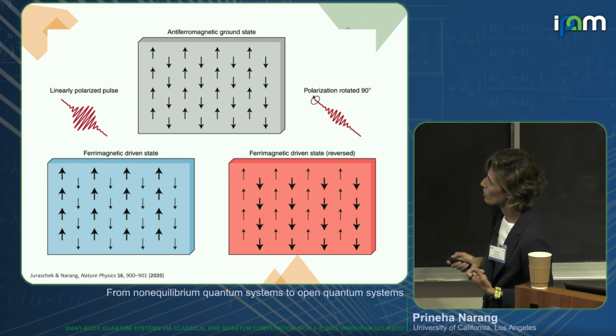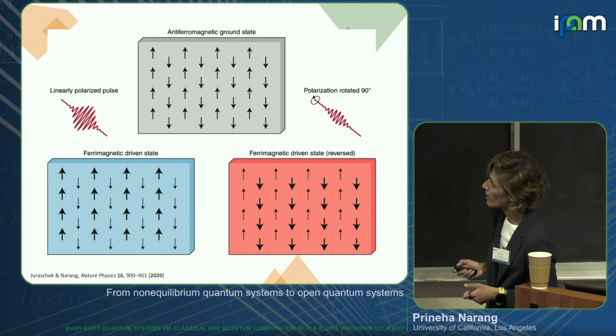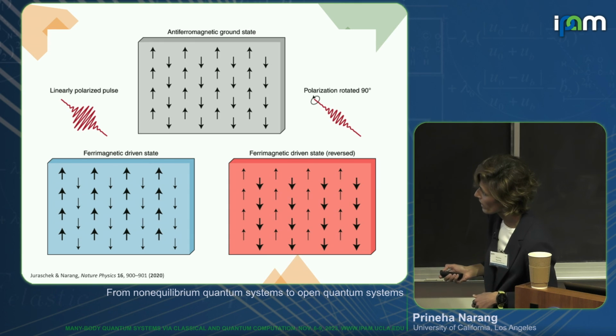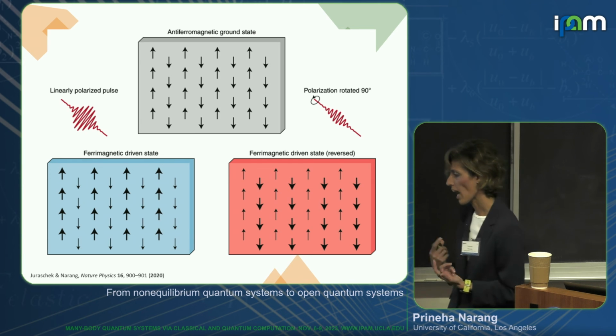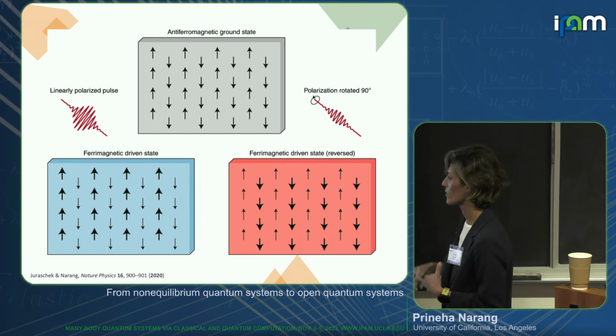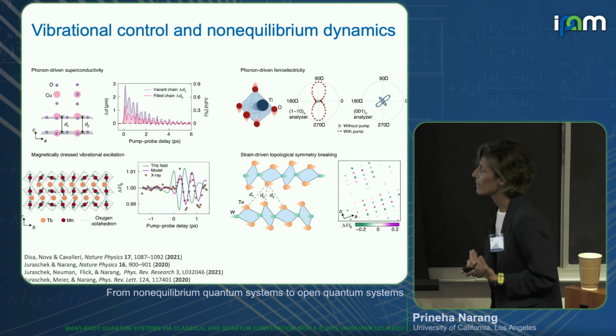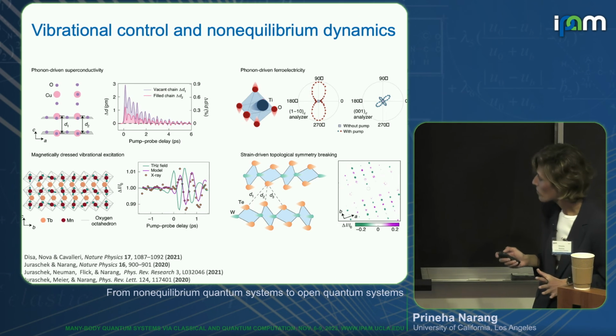So there are results where folks have shown, we and others, that you could start out with an antiferromagnetic ground state, and from there, using either linearly polarized or circularly or rotated light, you could actually create either a ferromagnetic or a ferromagnetic reverse state, depending on how you drive it. So this could essentially be a way of using light to control the magnetic order without directly coupling to it. And this right shake is quite general.